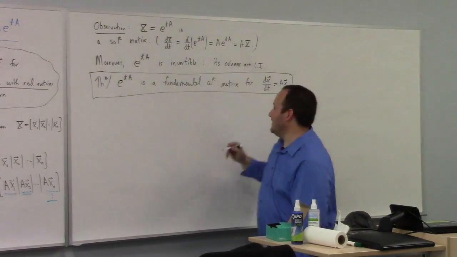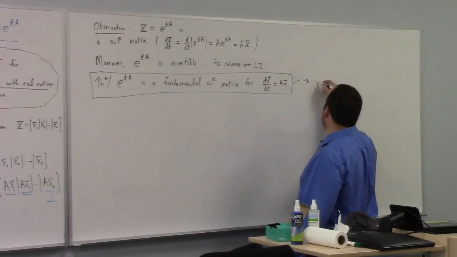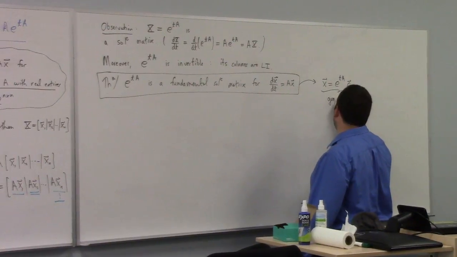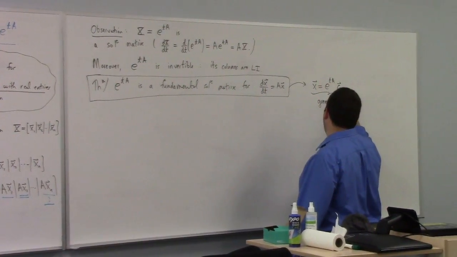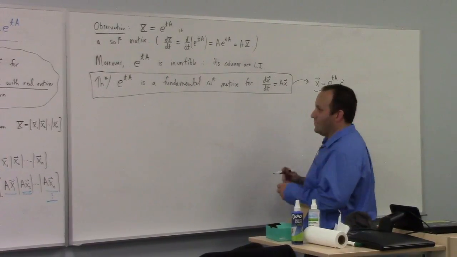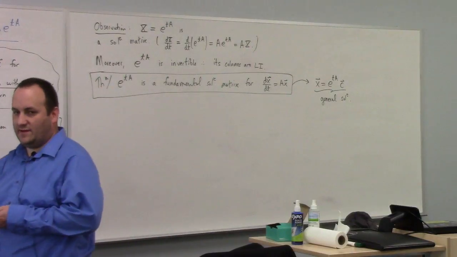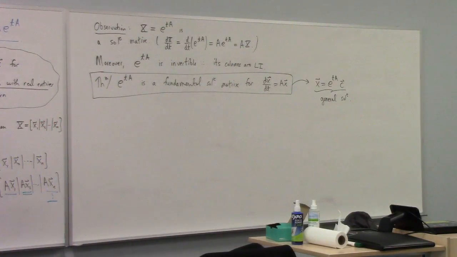And if you remember our theory, that means that the general solution, x equals e^(tA) times a constant vector, is the general solution to the problem. Yay. So we just solved a completely arbitrary system of n first order homogeneous differential equations for an arbitrary constant matrix. It's just e^(tA) times a constant vector.